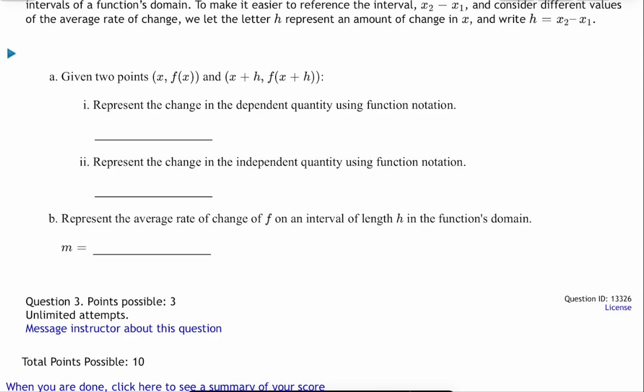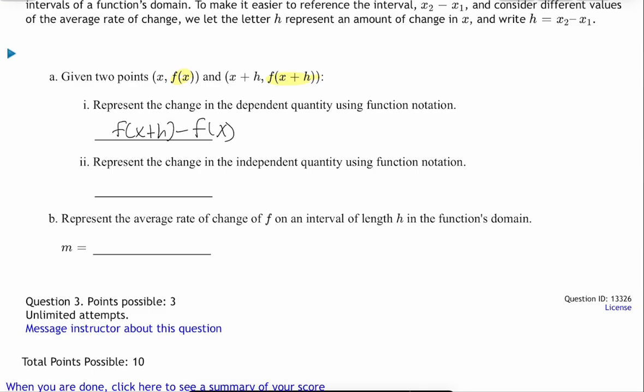Okay, so remember our dependent quantity is our Y values. So let's just look at how our dependent quantity, our Y value, changed. It's just f of x plus h minus f of x. That's how it changed. I don't know what those numbers are. They didn't ask me that, okay?